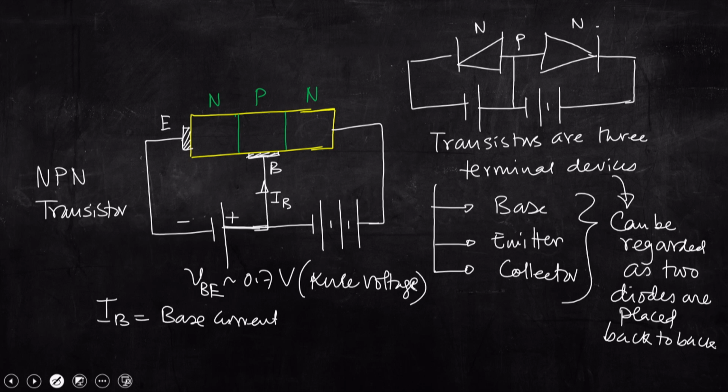Now, the moment a small current flows from base to emitter in this transistor circuit, what we can see now is that immediately there is collector current.